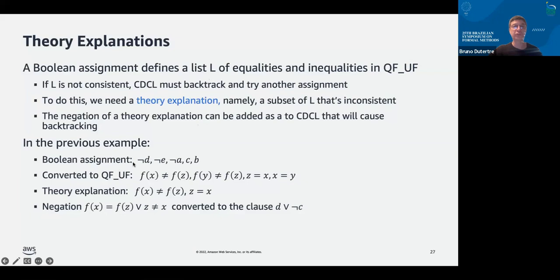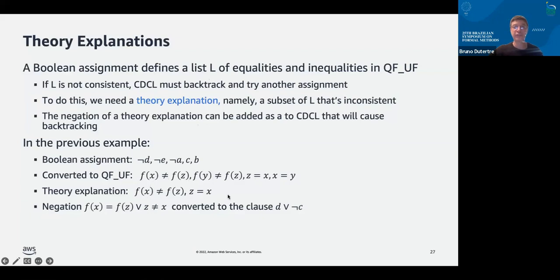So to see how it works on the previous example, we had this assignment, and then that gets converted to this conjunction of constraints. And two of them are sufficient. So x equals z and f of x different from f of z is one theory explanation for this inconsistency.